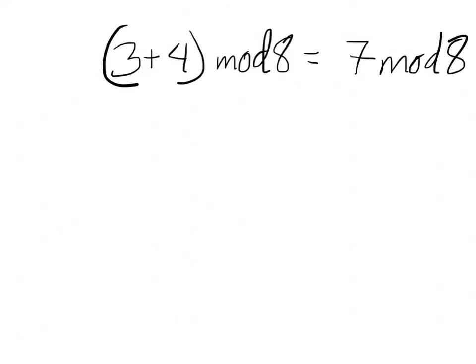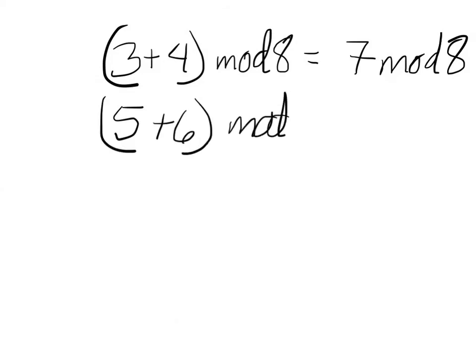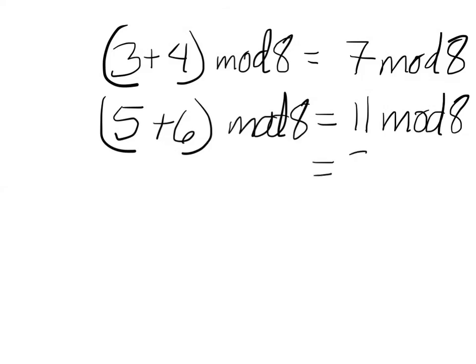But what if I had 5 plus 6 mod 8? Well, that's going to be equal to 11 mod 8, which I know is the remainder upon division, so it's equal to 3 mod 8. And fairly simple problems at that point.